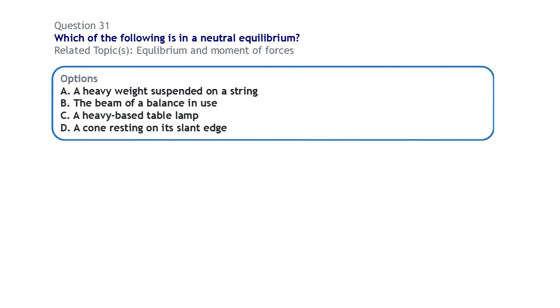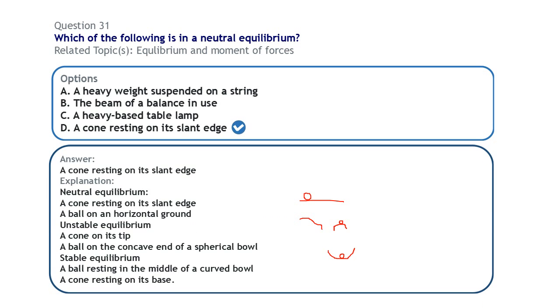Next, on equilibrium and moment of forces, which of the following is in a neutral equilibrium? A cone resting on a slant edge is said to be in neutral equilibrium. Also, a ball or a sphere on horizontal, plain ground is in a state of neutral equilibrium.